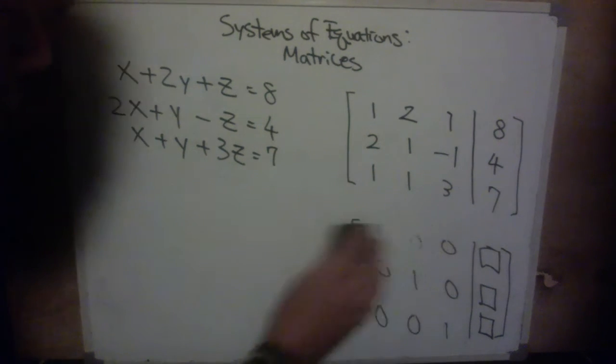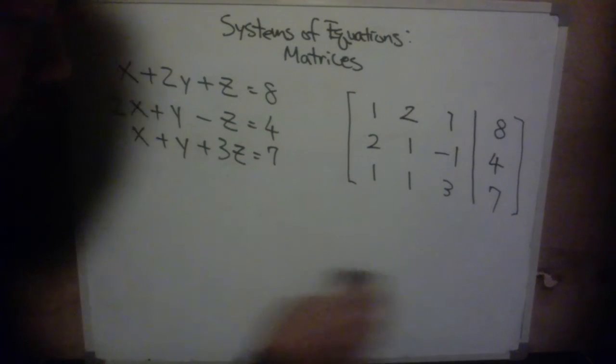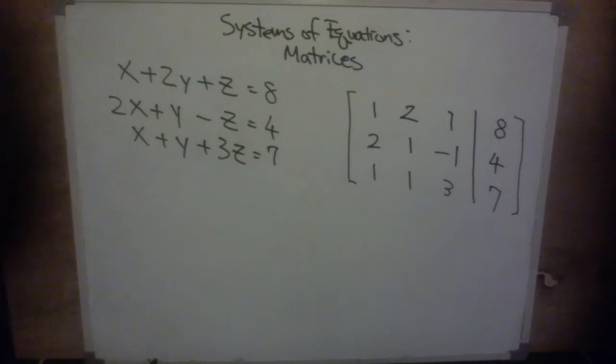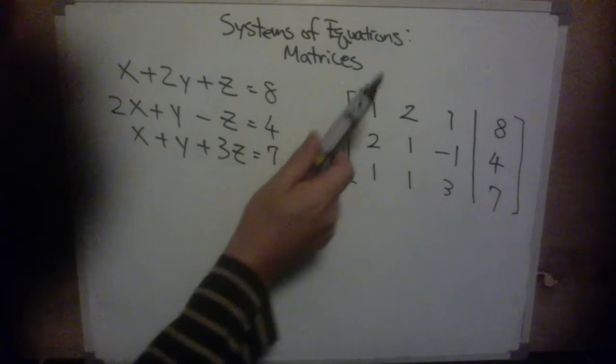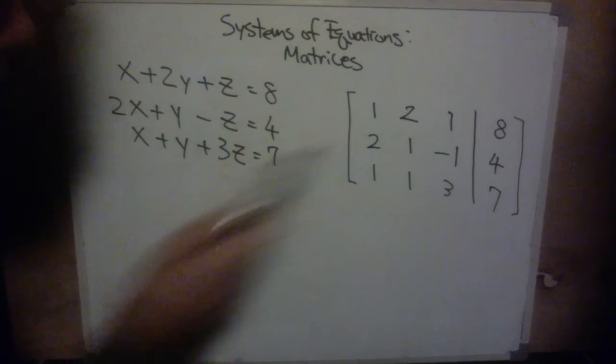So I'm going to erase this matrix right here. The first thing I want to do: I already have 1 here, so that's taken care of. I want to make this guy equal to 0.